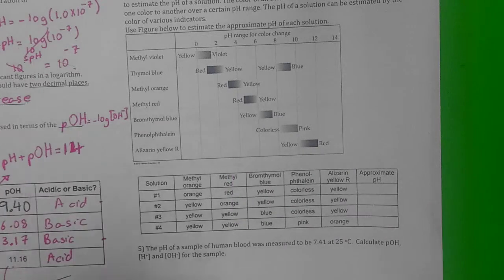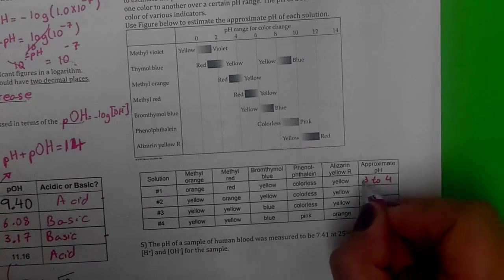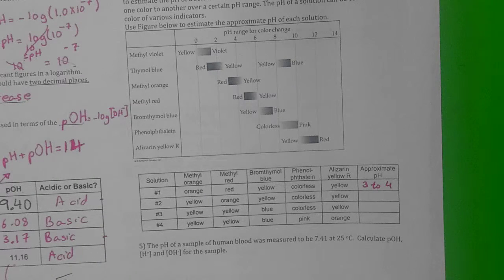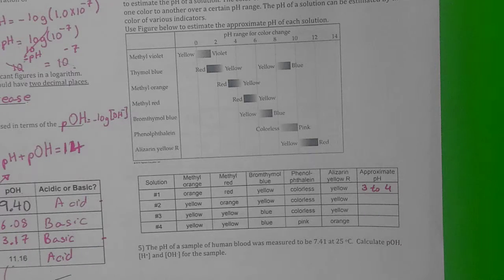So we're looking for pH between, I would say, 3 and 4, somewhere there. So we're going to say between 3 to 4 pH. Make sense? Kind of. Okay, I want you to go through that. You can have these for multiple choice tests. So I want you guys to figure out if you can tell what the color is.